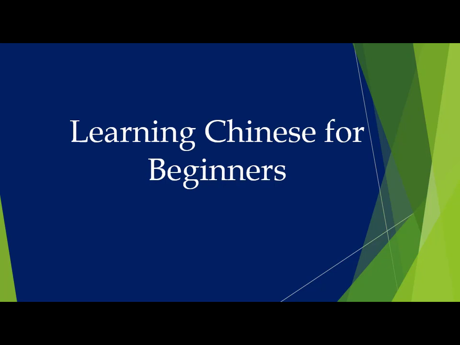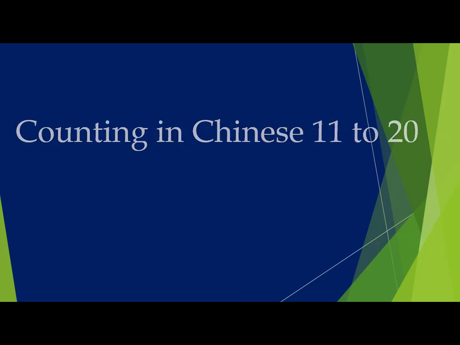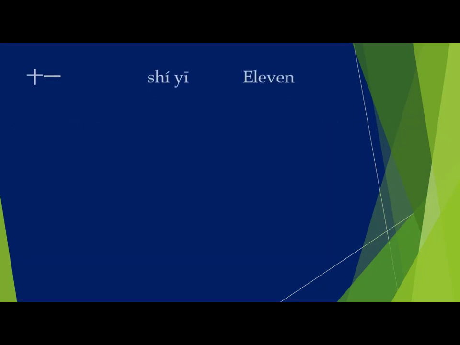As we know, in Chinese, the number 10 is pronounced as shi, pronounced as shi. And its Chinese hand sign is shi, just like this.